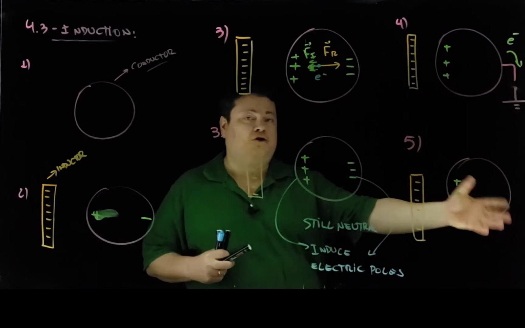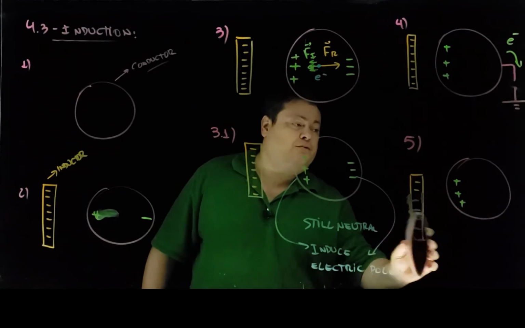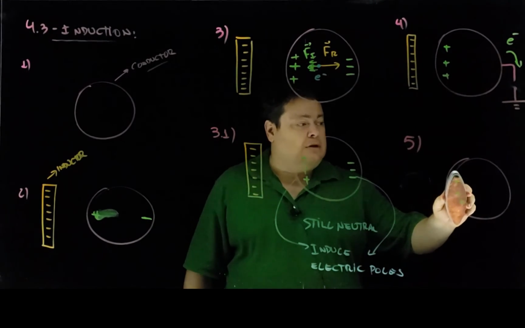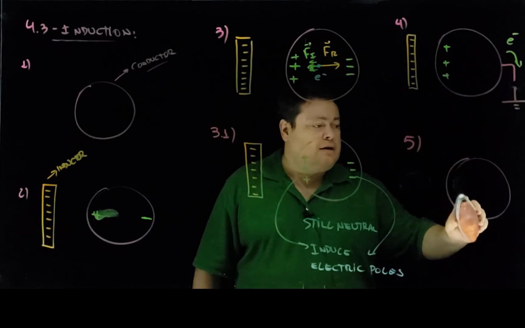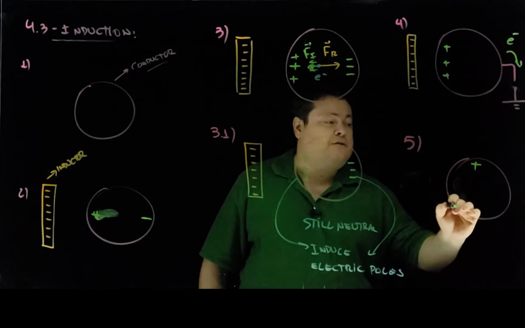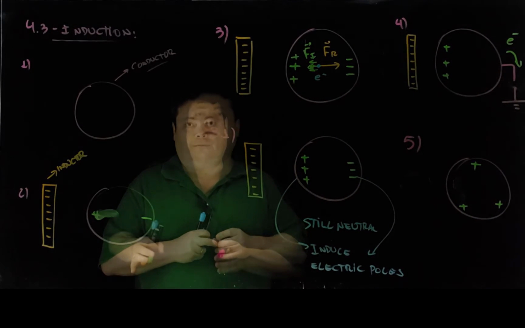There's no room for charges to get in and out, no path. And so at this point, I'm going to remove my inductor, and then these charges will just spread around the surface of my sphere, and this sphere has been charged by induction.